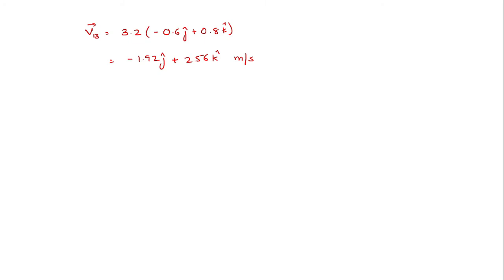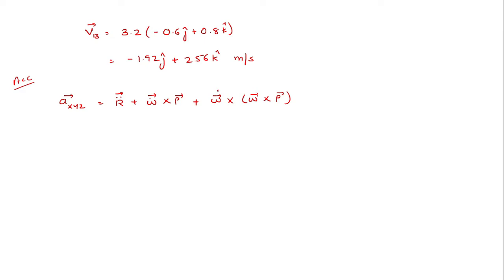So this is how you find the velocity of the collar B relative to the fixed frame capital XYZ. The next is finding the acceleration. So you have A capital XYZ is equal to R double dot vector plus omega dot cross rho vector plus omega vector cross omega vector cross rho vector.